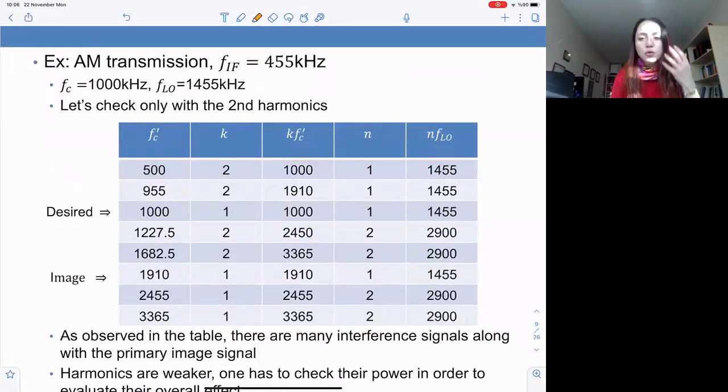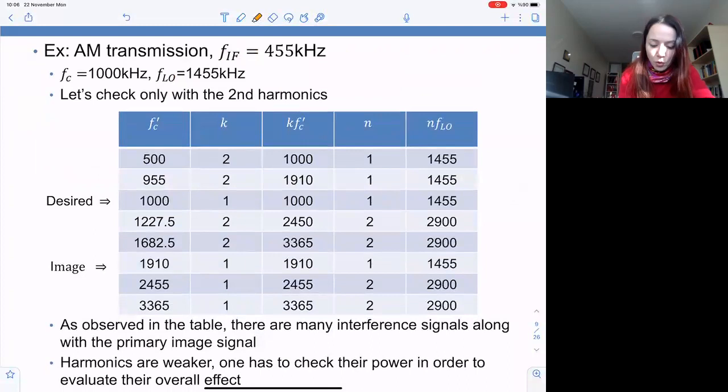Let's do an example to make this concrete. Suppose we have an IF frequency equal to 455 kilohertz. The desired signal is at 1 megahertz, and the local oscillator frequency is set to 1.455 megahertz. Now, let's take a look at a bunch of frequencies from the air that we could potentially pick up.